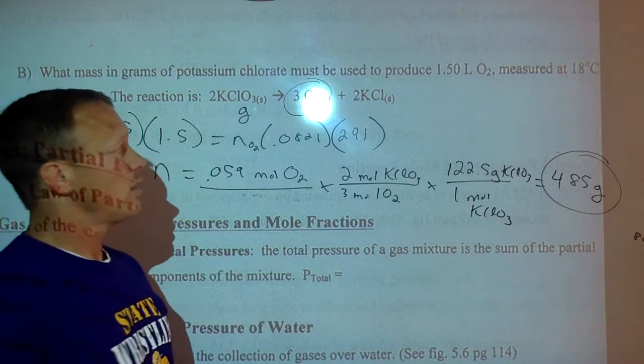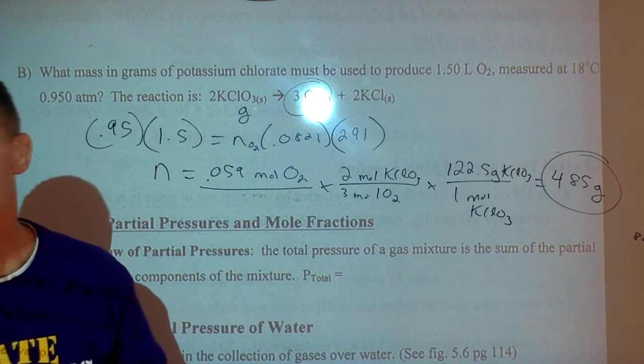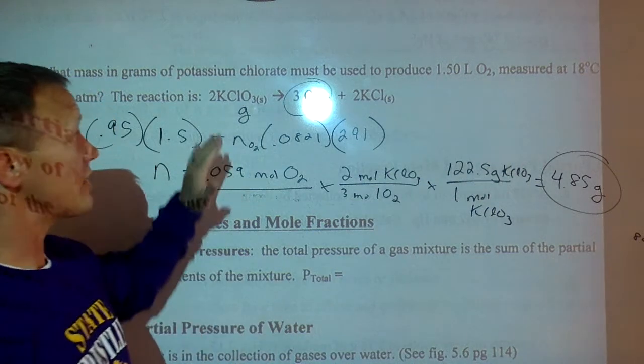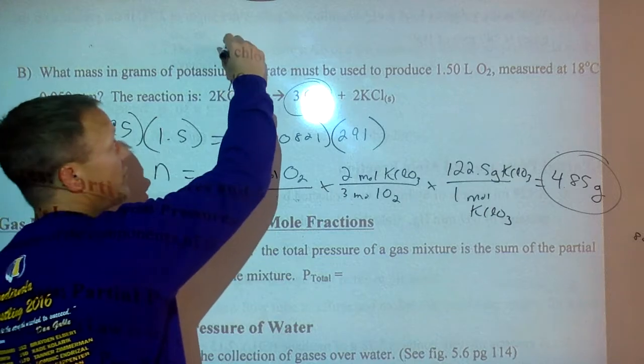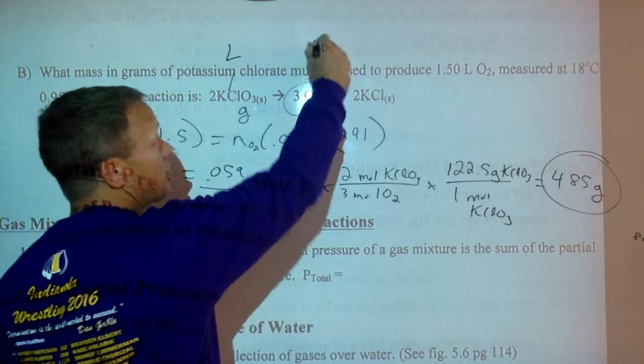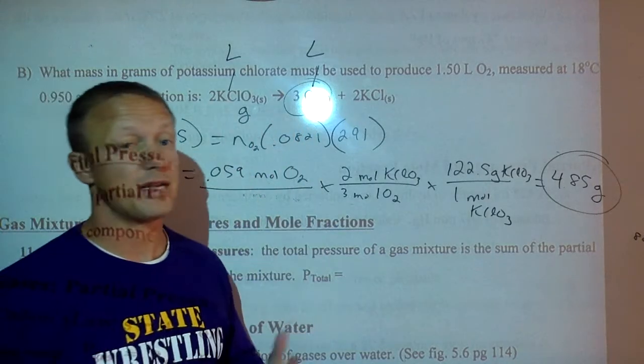So not a whole lot different there from what we've done. One thing I will say, if it's a liters to liters question, if we were going from liters of this to liters of another gas, as long as they're gases, I've never given you liters of something that's not a gas unless I give you a density.